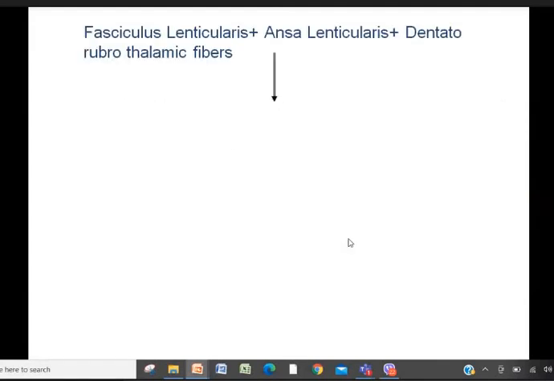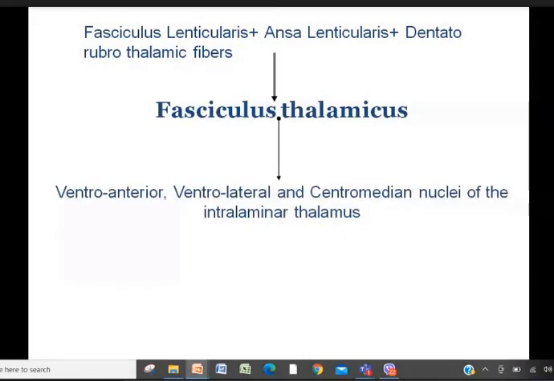Or you can make the flow chart like this. If you do this, you'll understand better. Fasciculus lenticularis plus ansa lenticularis plus dentatorubulothalamic fibers, the three together, what are they forming? Fasciculus thalamicus. Okay, and where are they going in the thalamus?